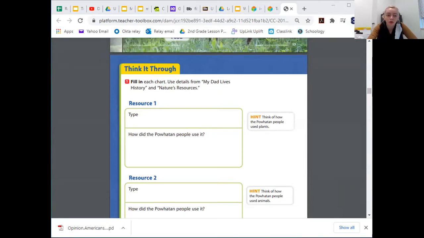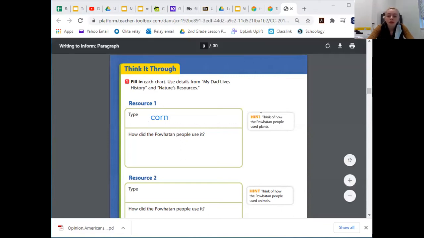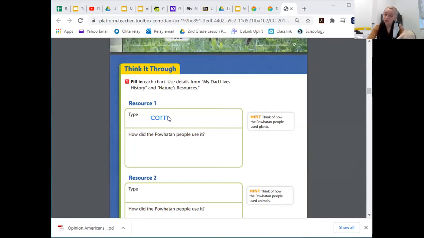I'm going to write the word corn right here beside type, and you can copy this down in your books. And this hint, if you couldn't think of anything, these hints on the side might give you an idea. For example, this one says, hint, think of how the Powhatan people used plants. So corn was a good one because corn is a plant that I know the Powhatan people used.